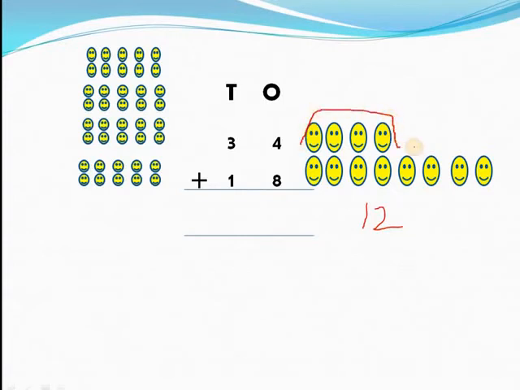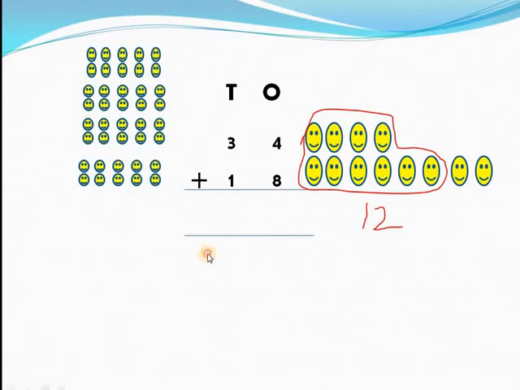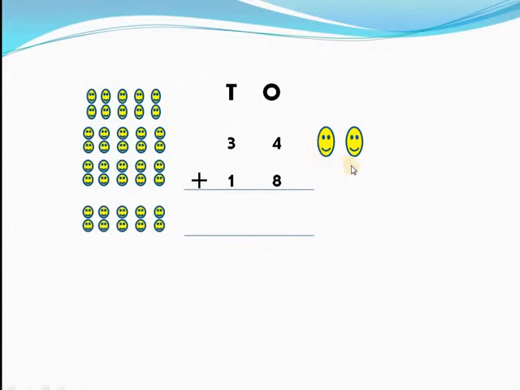I'm going to arrange 10 here. First I'll make a group of 10, and this group of 10 is to be brought in tens place because its correct place value is in tens. After rearranging or regrouping, what is left in ones place is 2.